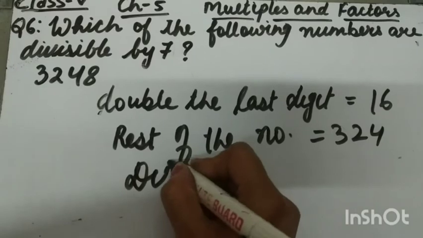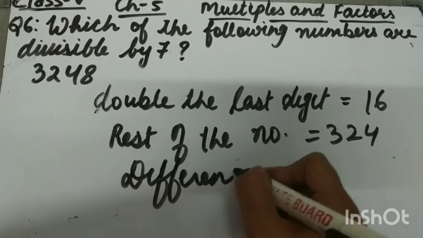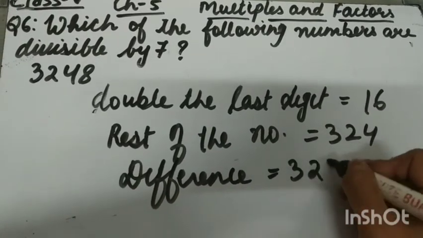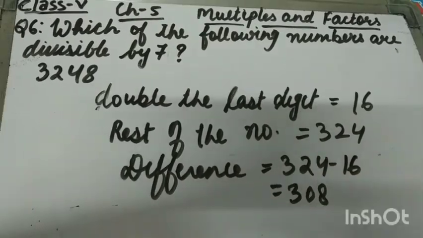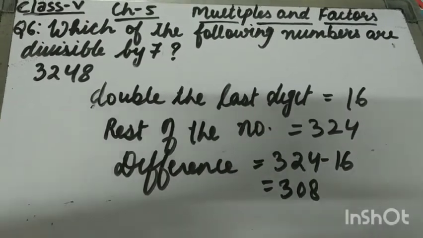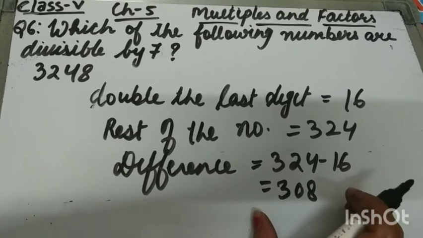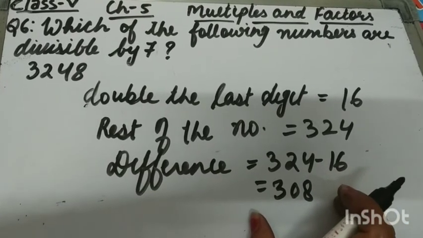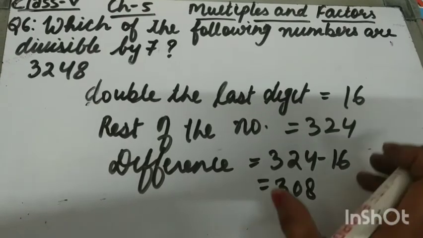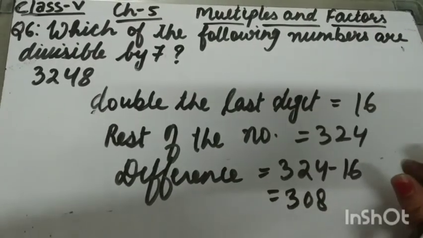Now the difference is 324 minus 16, which is 308. Now we have to check whether this is divisible by 7 or not, so we will apply this procedure again.